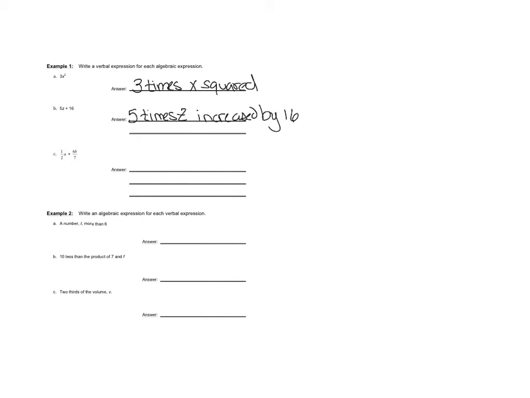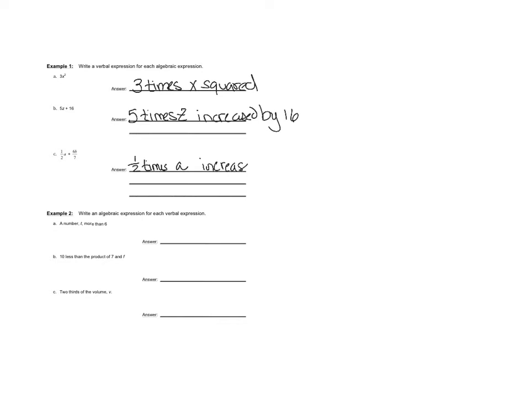Okay, example 1c, 1/2 a plus 6b over 7. So again, I'm looking to see the 1/2 a is multiplication, so I could say 1/2 times a. And then for the plus, I could say increased by again.